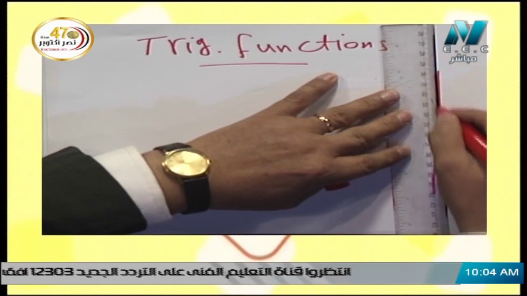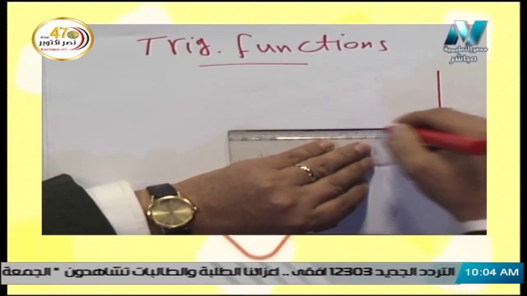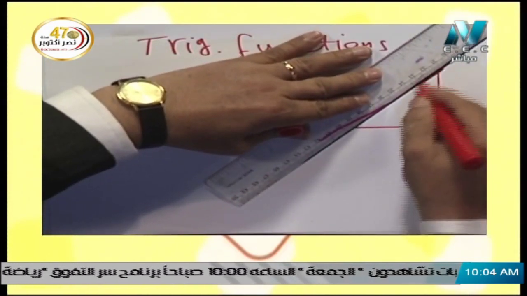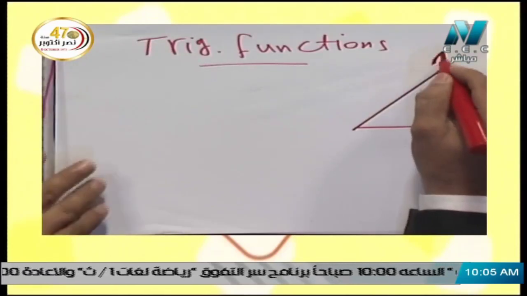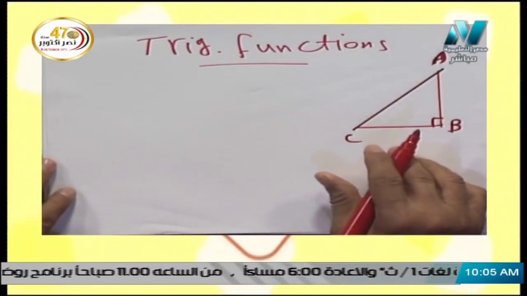Let's concentrate here. We have a right angled triangle, A, B, and C, and B is the right angle.